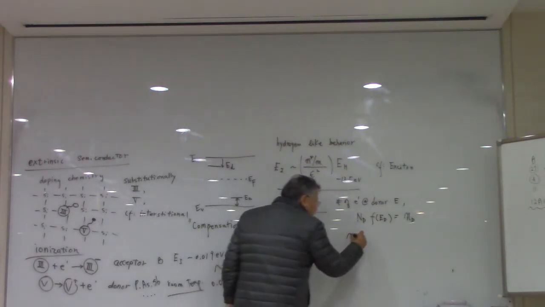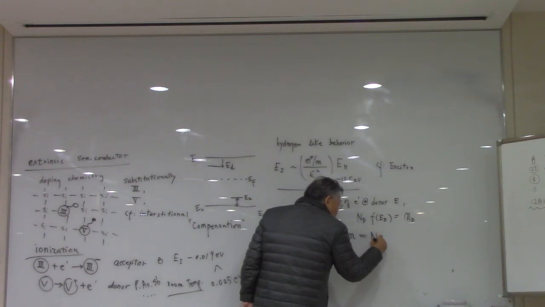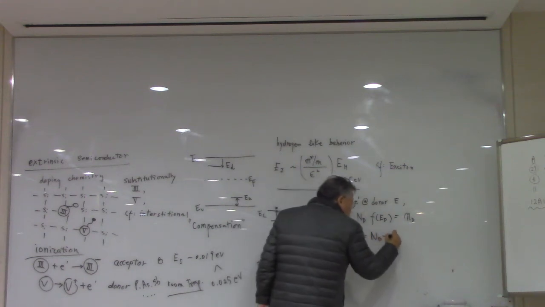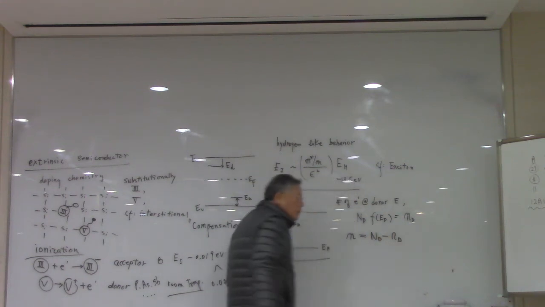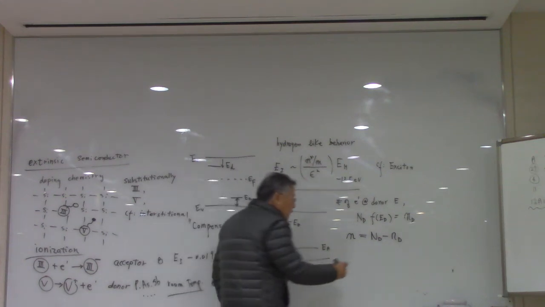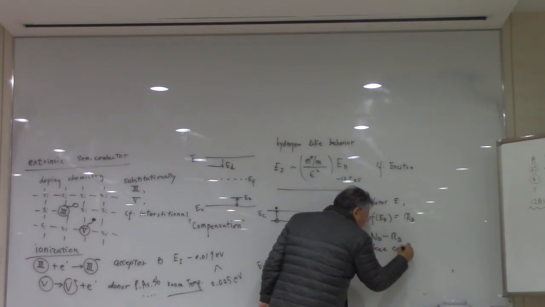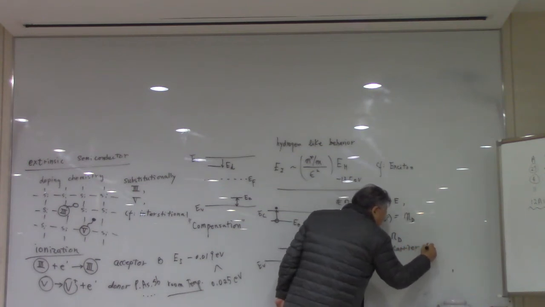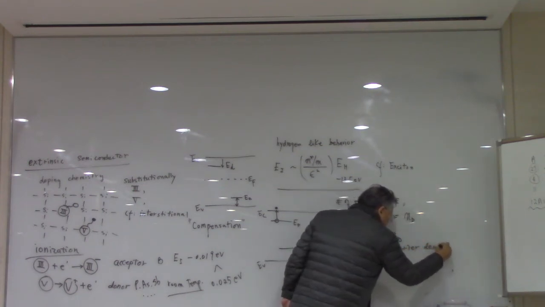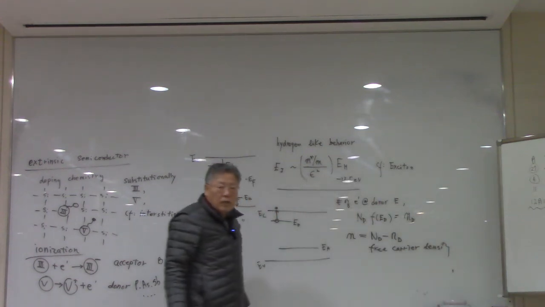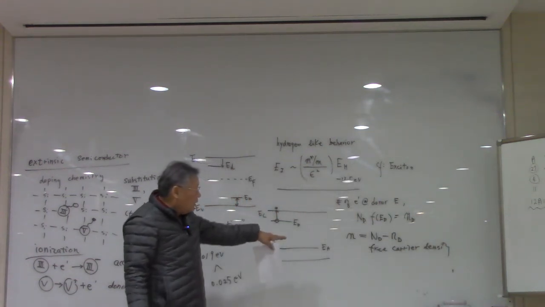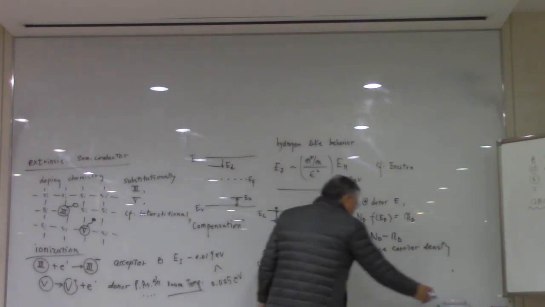So N is equal to the number of free carriers. It's going to be the dopant concentration minus N_D. That is the free carrier density, which contributes to the conductivity, okay? That is the one we want to calculate.